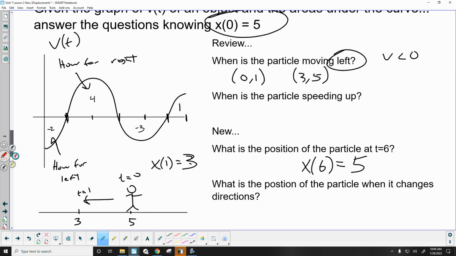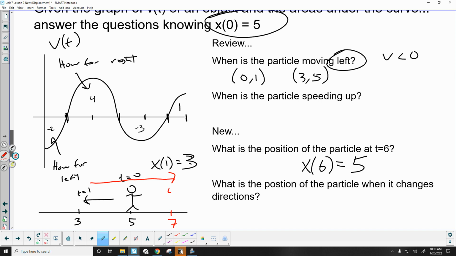After 2 seconds, it's tough to tell. If we split this in half, then maybe we could say it'd be 2 to the right. But you would know that after 2 more seconds, he will be increasing his position by 4. So he would go up to 7.